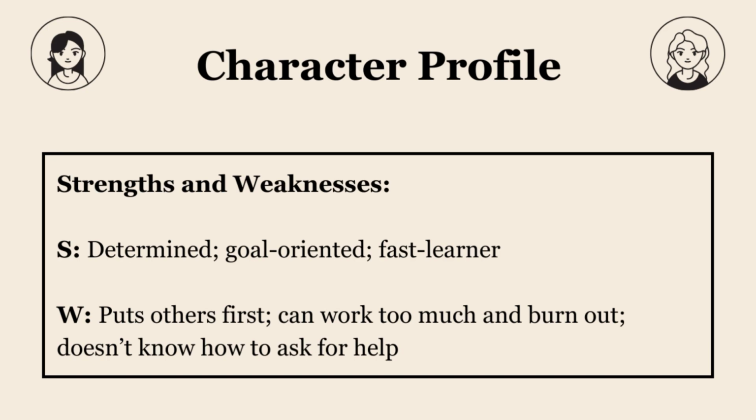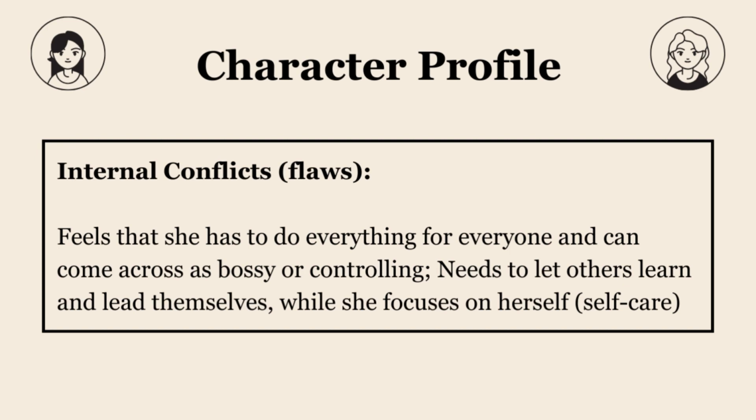And the next piece of information is also very vital when it comes to your writing. This is the internal conflict. This is your character's flaw or flaws. For me, it's that I feel like I have to do everything for everyone, and I can come across as quite bossy and controlling.